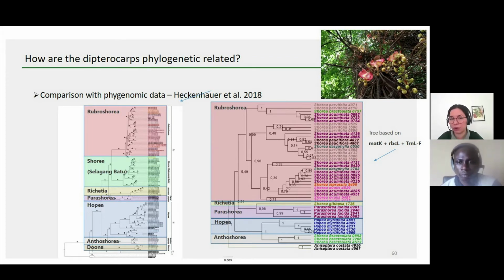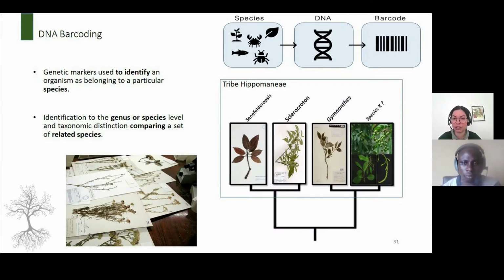So for example, for a taxonomist, if you have a plant and you don't know the species, the person who will identify these samples does so based on the morphology, the shape of the leaves and all the characteristics and traits of those plants. So they take a lot of time to identify the species, right? Comparing to herbarium brochures, as you can see here.